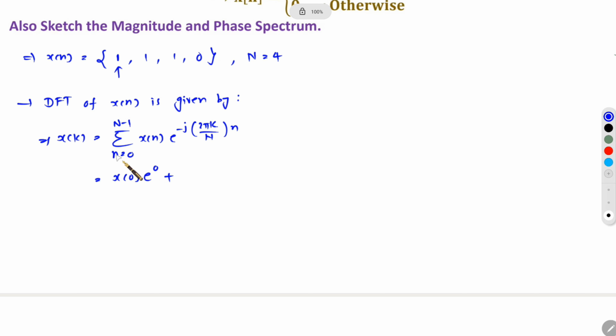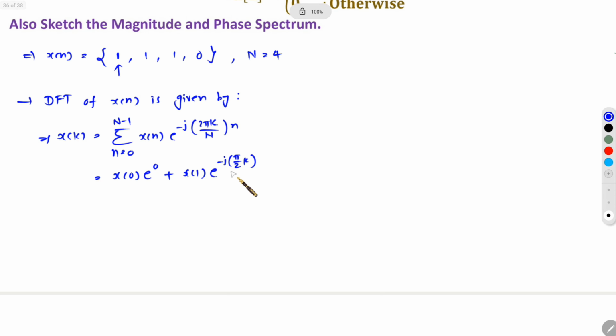Then I'll substitute n equals 1. So x of 1 into e to the power minus j 2 pi k by capital N into small n, where small n is 1. This capital N is 4, so we will have pi by 2 into k. So minus j pi by 2 into k will be there with us. Now I'll substitute small n equals 2.